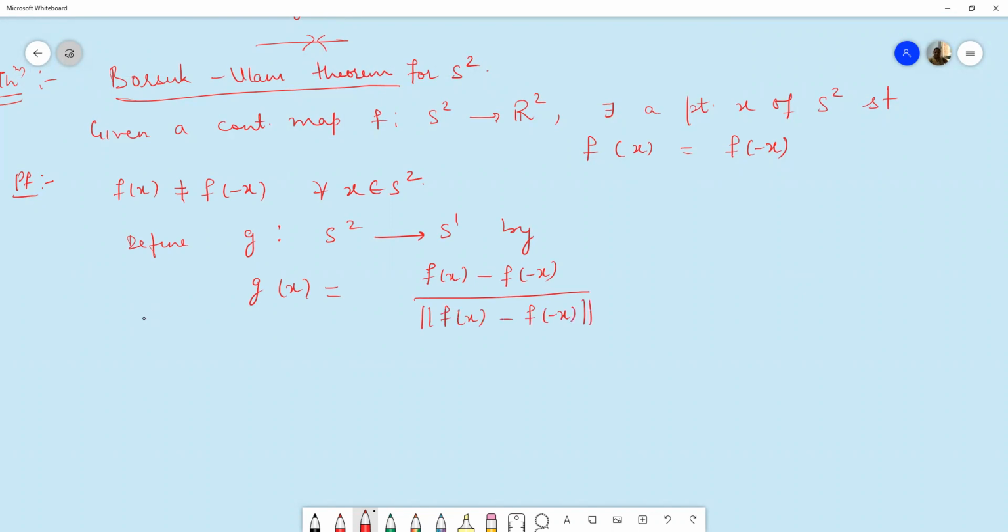Now since we are saying f(x) is not equal to f(minus x) for any x in S2, that means their difference cannot be 0. So we can divide this by its norm, and this quantity belongs to the circle S1, because the norm of this will be equal to 1. So this G is a well-defined mapping, and of course it is continuous because F is a continuous map. So G is a continuous map from S2 to S1.